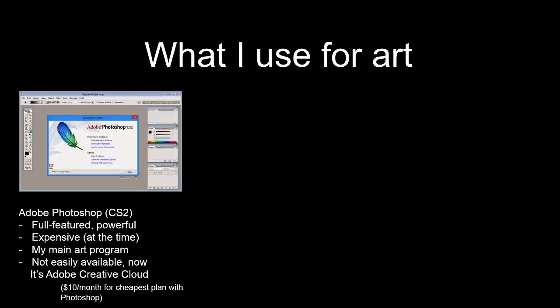It's the Adobe Creative Cloud version, of course, not CS2. It can be had for $10 a month with the cheapest plan, I believe, $10 US. So it's actually not too bad. For me, I'm working on an 8-year-old laptop. CS2 is perfect for me. I never really felt a need for anything else, so I never upgraded.